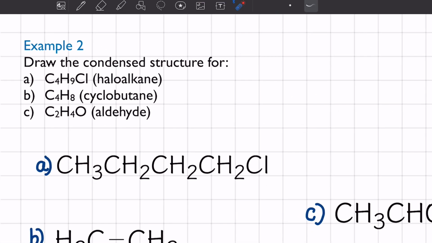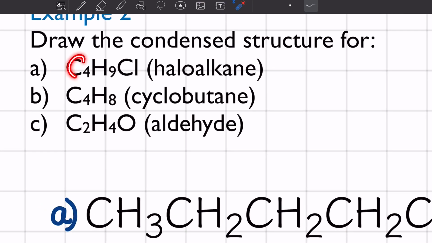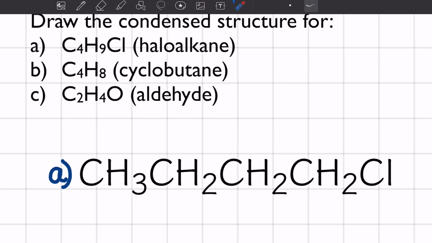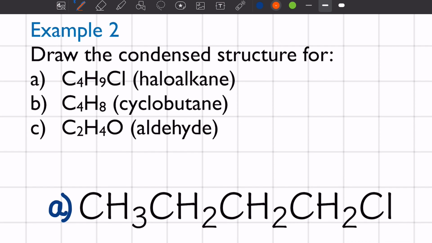Okay. We have C4H9Cl. So again, we start with C4. So cara dia macam ni ya. Madam akan buat C. Ada 4 carbon.